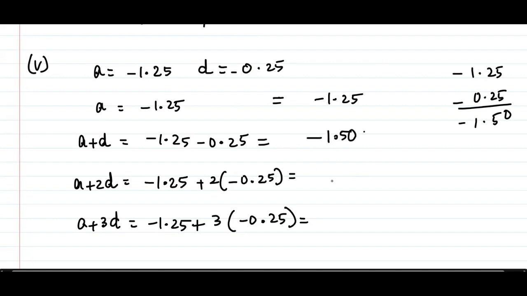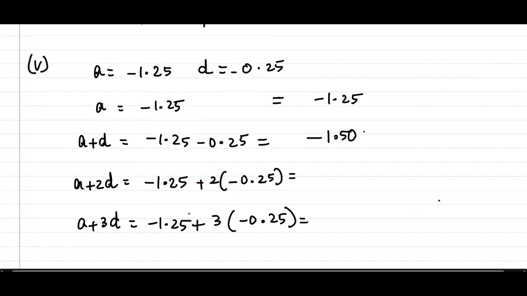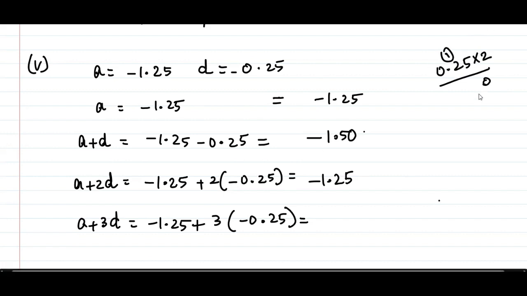Okay. And for the third one, that will be minus 1.25 and then we'll have to multiply 0.25 into 2. So 10 carry 1, then that is 4, 5.